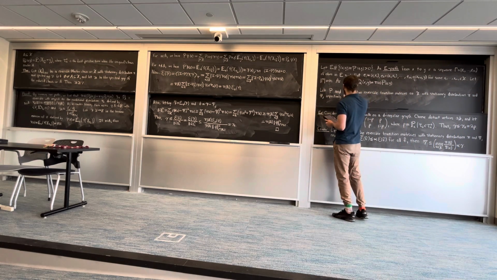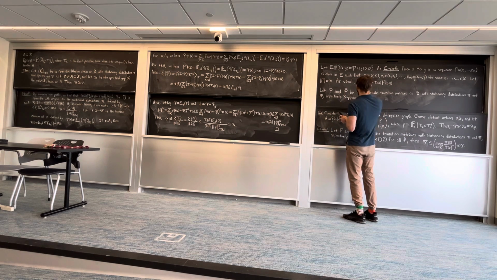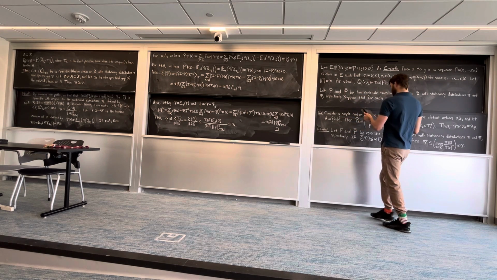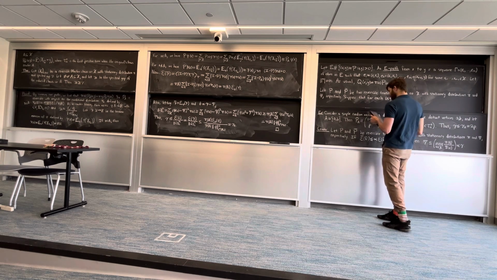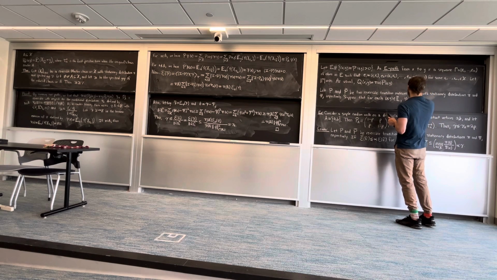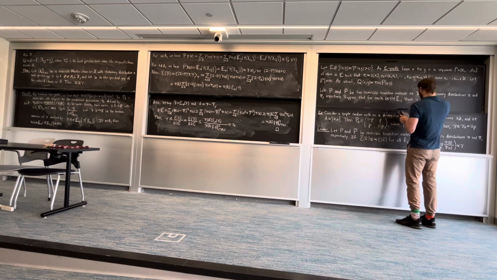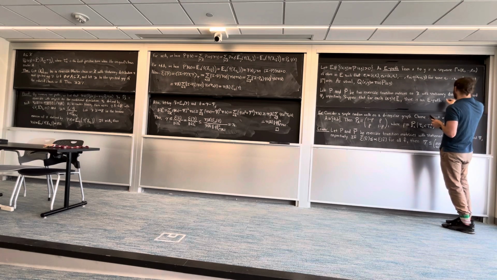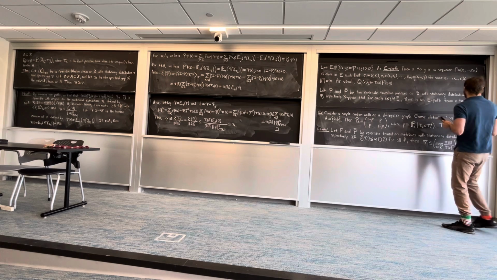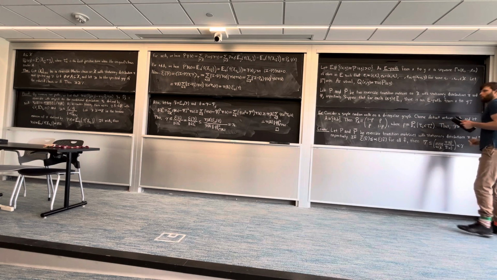Okay, now suppose that for each edge xy in E tilde, there is an E path from X to Y. And I'm just going to choose one.